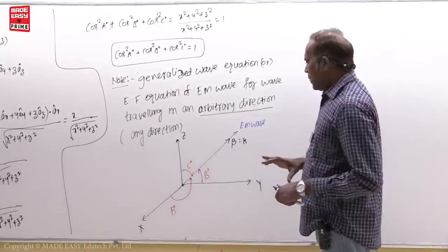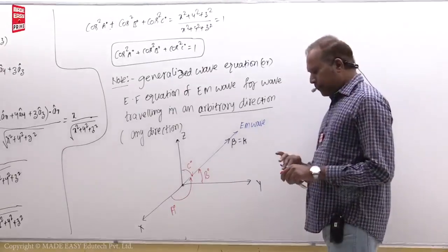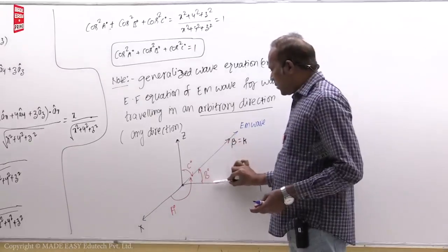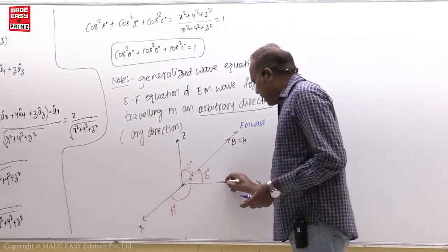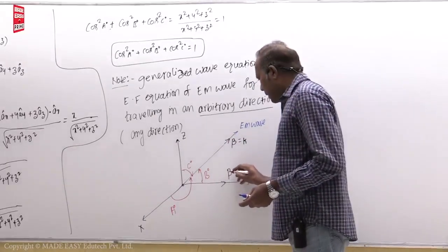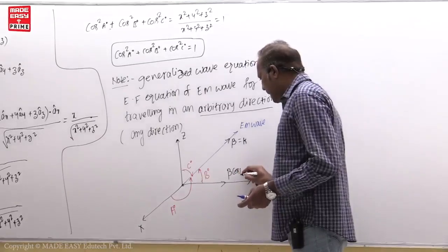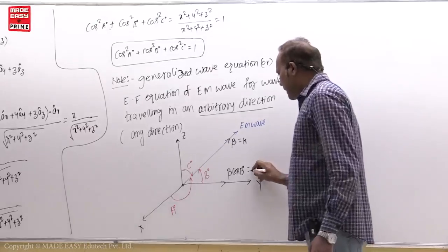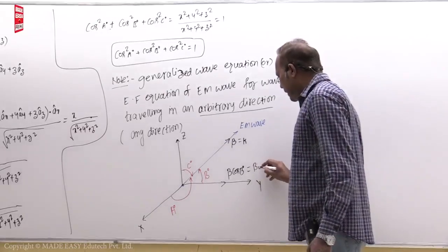So dear students, if you project this beta onto the y axis, then it becomes beta cos b degrees, because this is touching this one. That is named beta y.